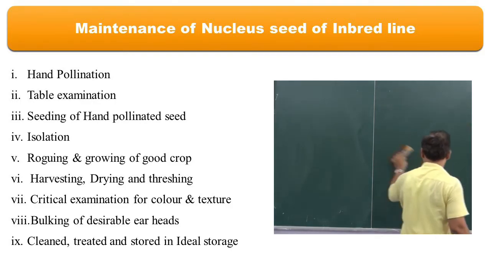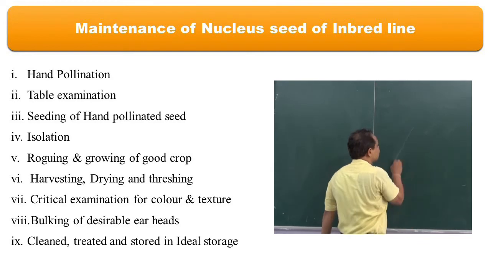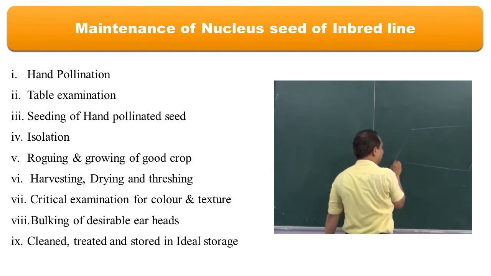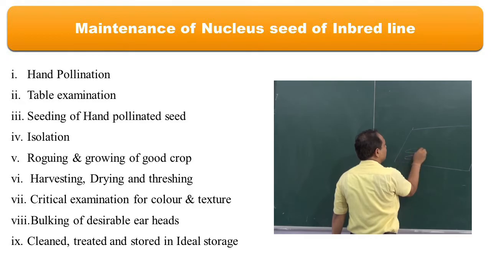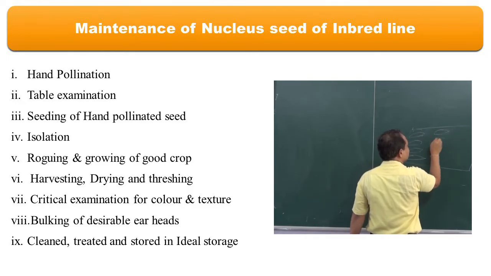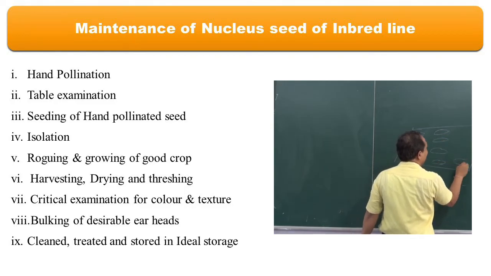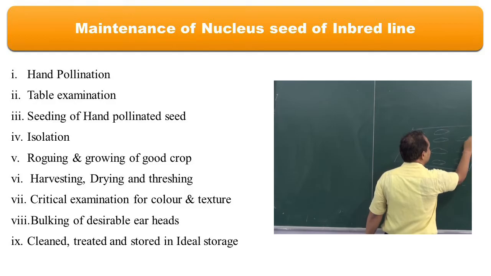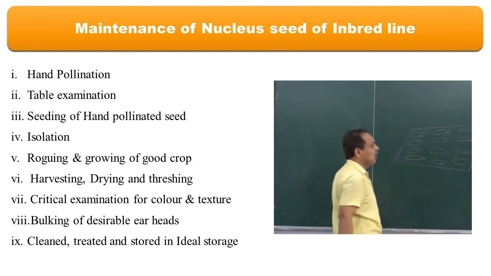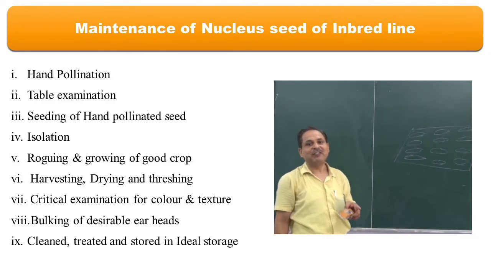First we arrange the hand-pollinated crops in a pile in this way, and these are critically table examined for off color and off texture.